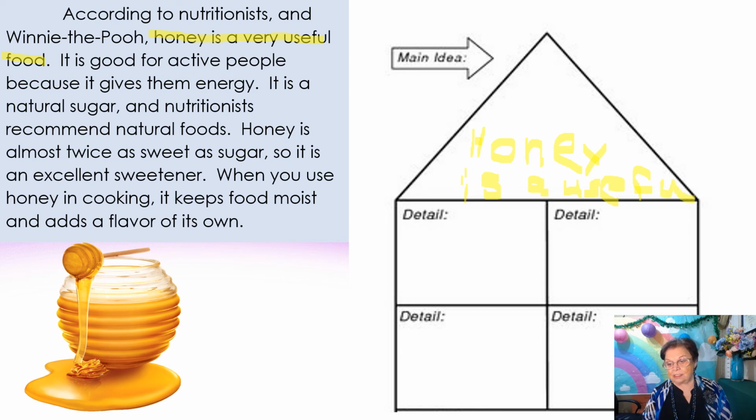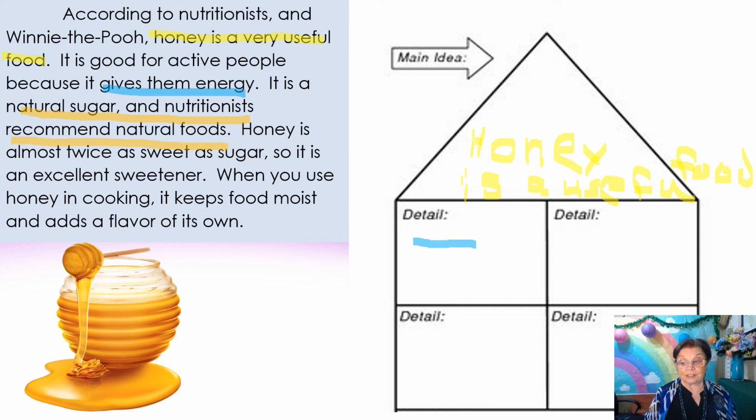And for the rest of these details, I'm just going to write the color that we highlighted in because there isn't enough room. All right, let's find out about honey. It gives people energy. That's one reason why it's useful. There's one detail. Honey also is a natural sugar, and nutritionists recommend natural food.